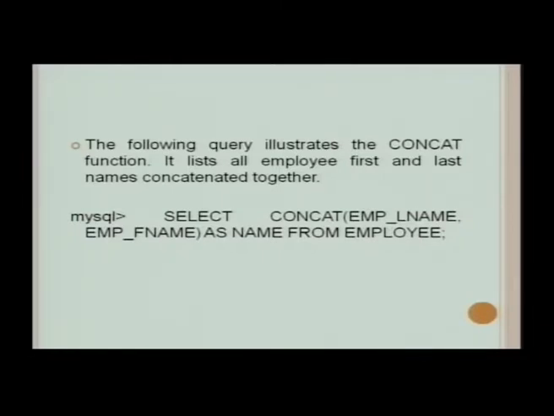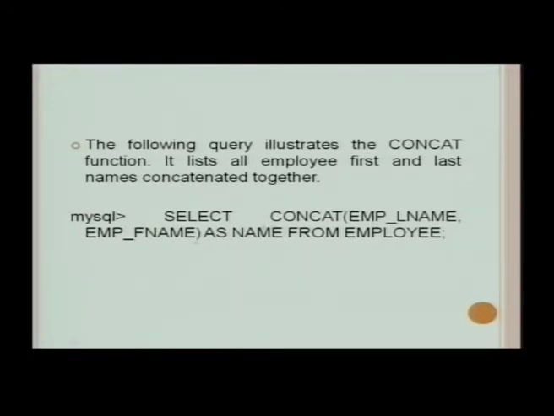The first name in the employee table is listed as one column and the last name as the other column. We are using the concatenate function, clubbing both the first name and the last name, and presenting it as the full name of the employee. So, select concatenate, employee last name comma first name.